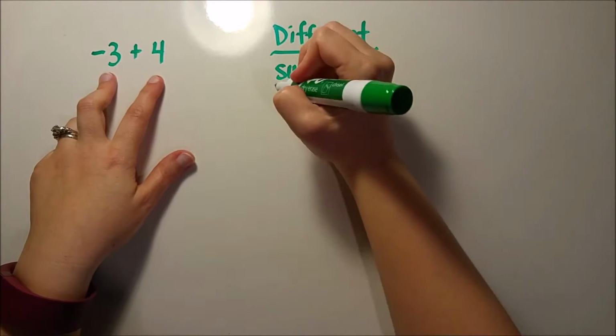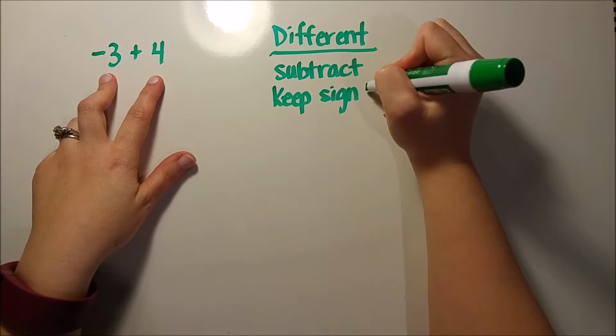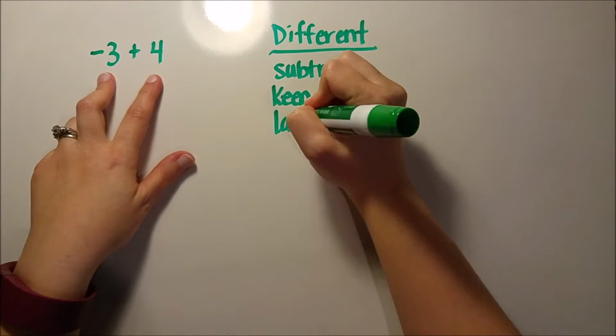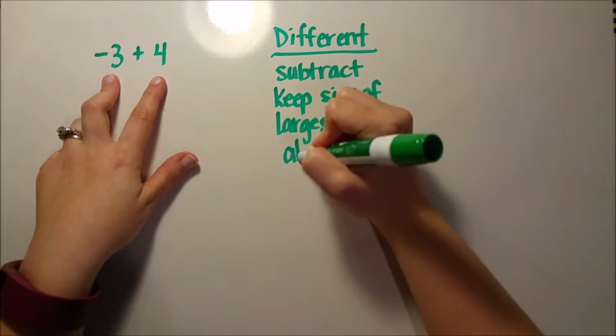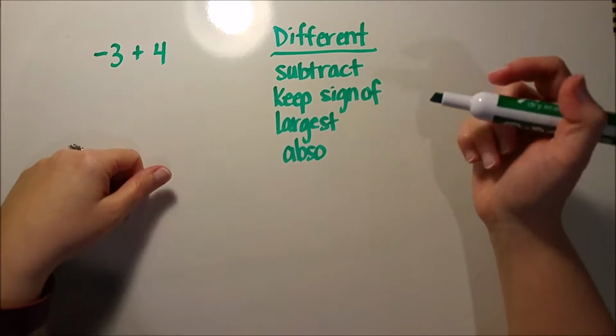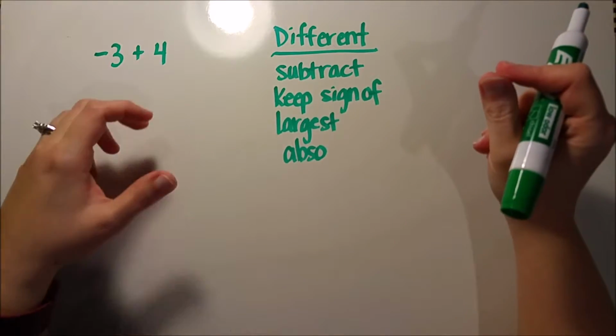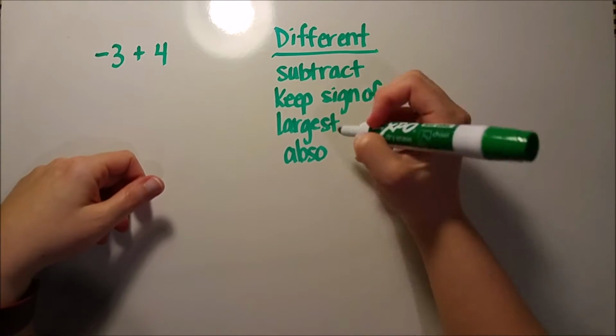And then you will keep the sign of the largest absolute value. So remember, the absolute value is the distance from 0. So think of distances can only be positive, so it will be a positive version of your number.